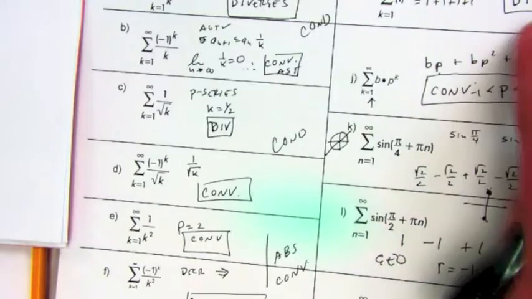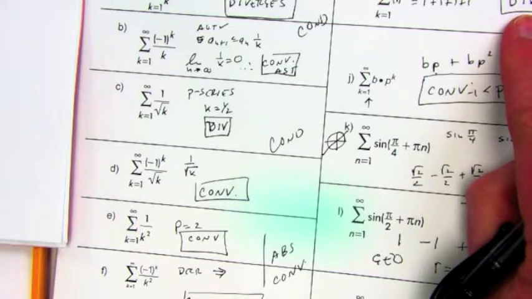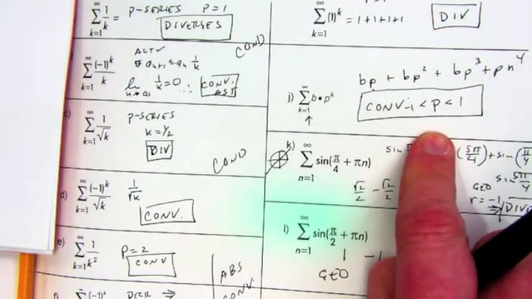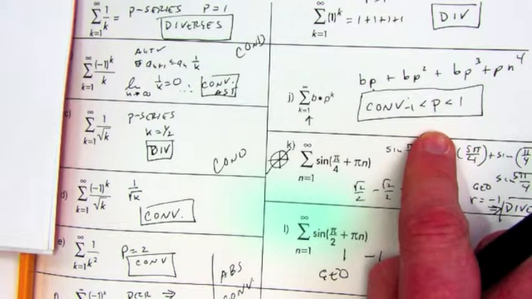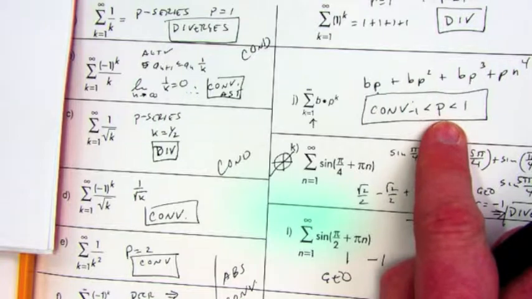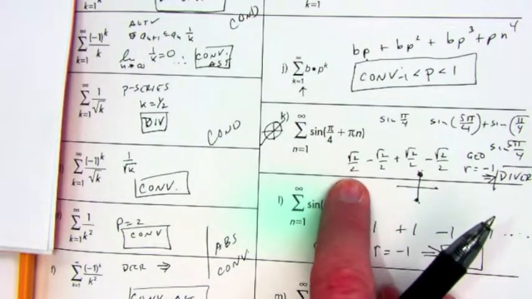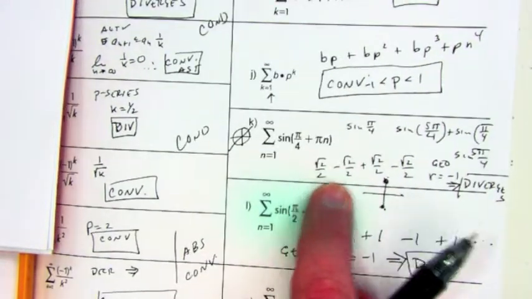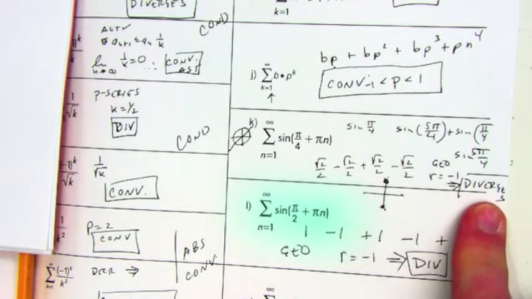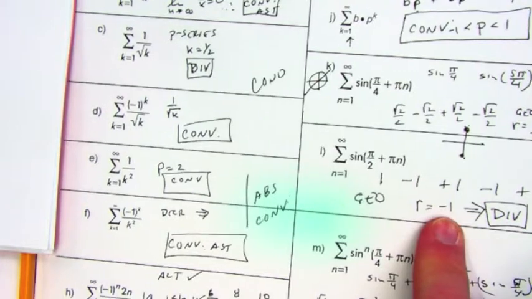Okay, over here, this diverges because it really is geometric and r is 1, so it has to diverge. Here, this is geometric if you write out the terms, and the only way this would converge is as long as r is between -1 and 1. This one, if you map it out, is geometric and r is 1, so it has to diverge, just like this one.